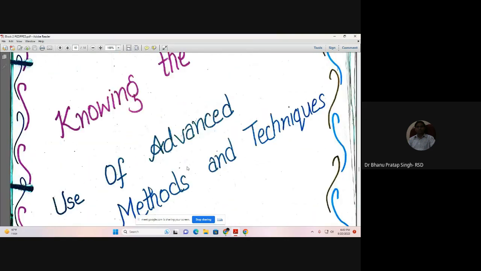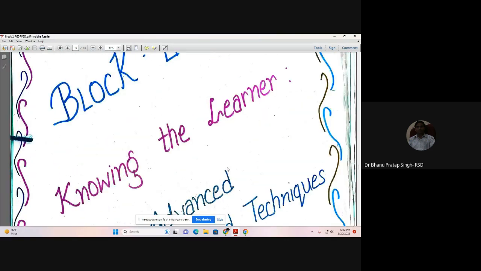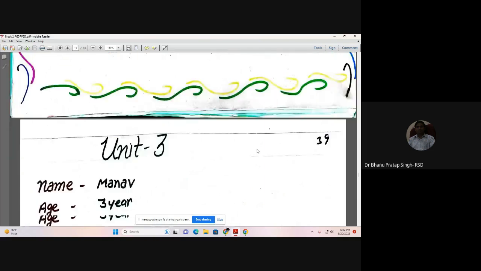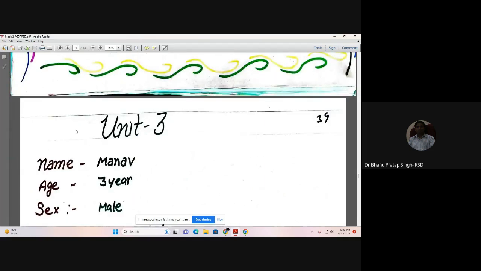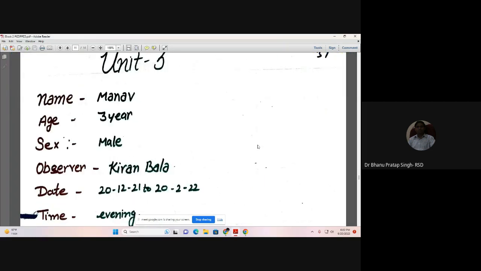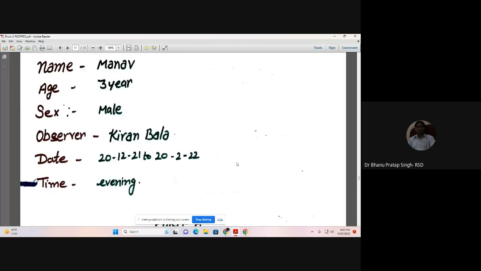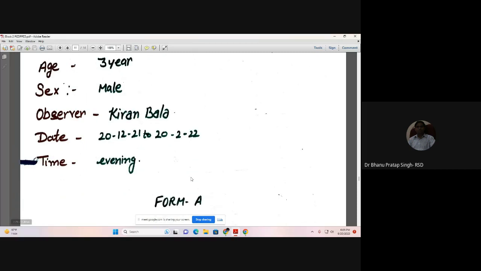This is the third example, knowing the learner. This learner has taken unit 3: name of the child, age, gender, observer name. Her name is Kiran Bala, and the date and time when she performed the activity.